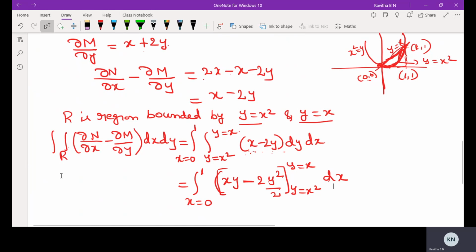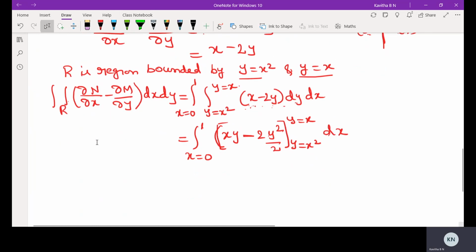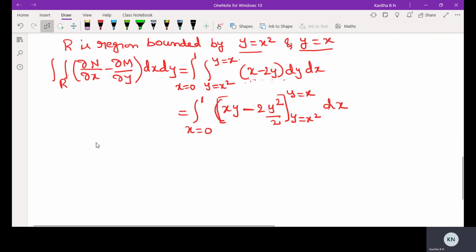The next step, we have to apply the upper limit and lower limit. Integral of x from 0 to 1 of x, in place of y we substitute the upper limit x. Then again apply the lower limit: x into, in place of y, substitute x square.